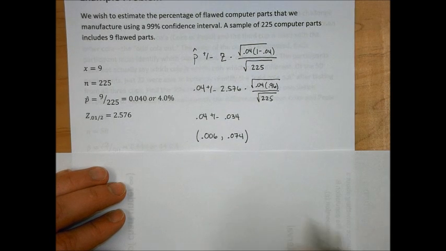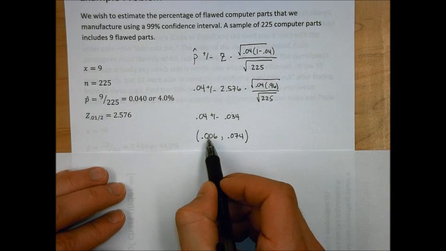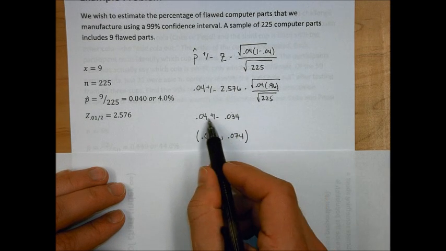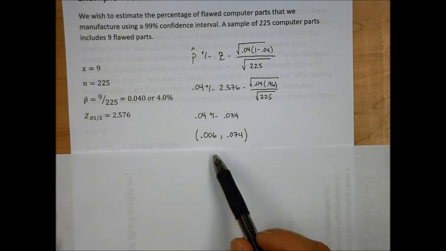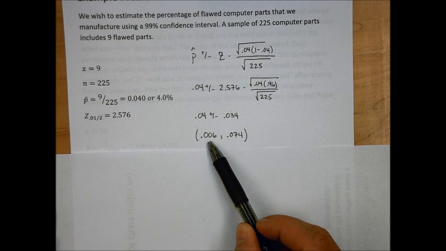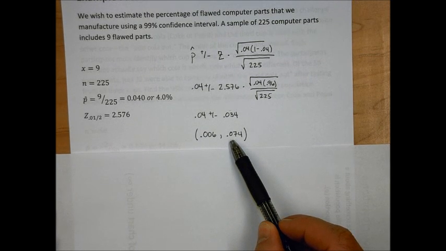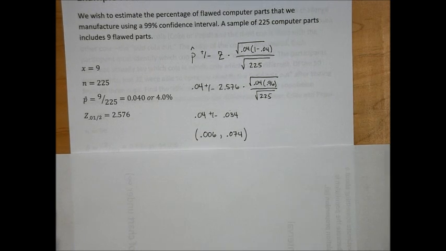That's what we get when we subtract the margin of error from our proportion and when we add the margin of error to our proportion. We can say with 99% confidence that this interval here between 0.006 and 0.074 includes our true population proportion of flawed computer parts.